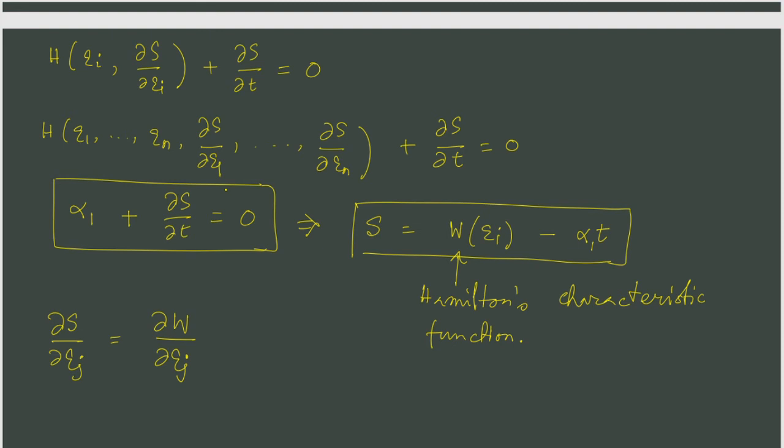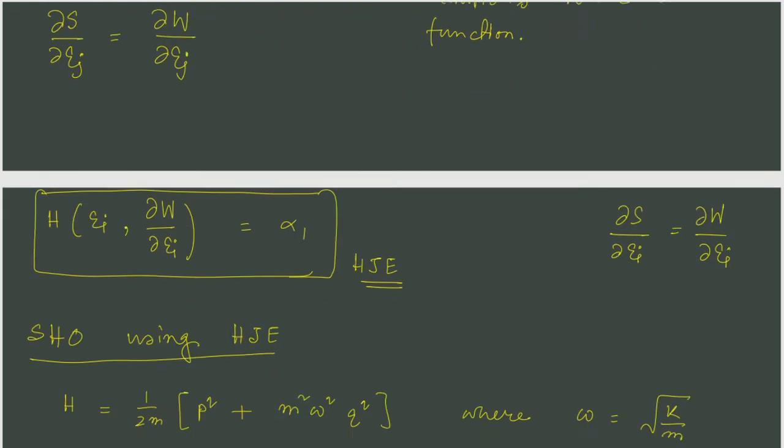Now what are these constants? For a time independent Hamiltonian, it is usually the energy. The total energy is a constant, a natural choice. So in principle, one can always choose the first constant alpha 1 to be the total energy. Its corresponding generalized coordinate, what would it be?